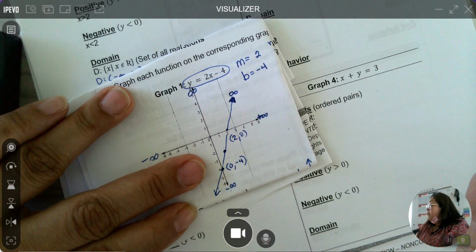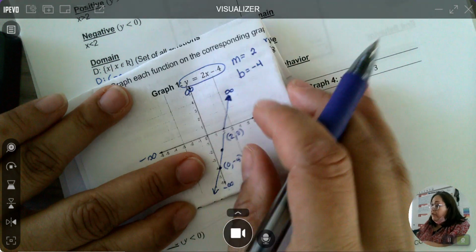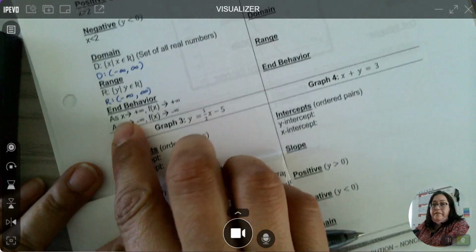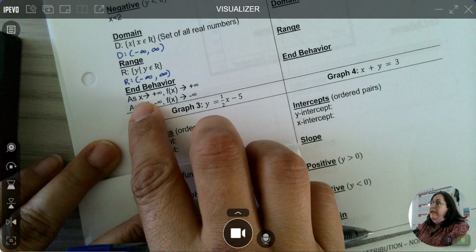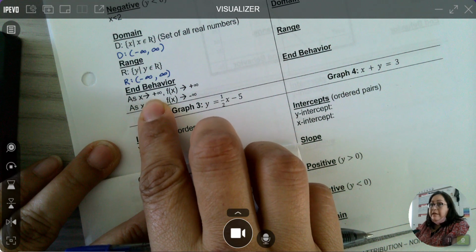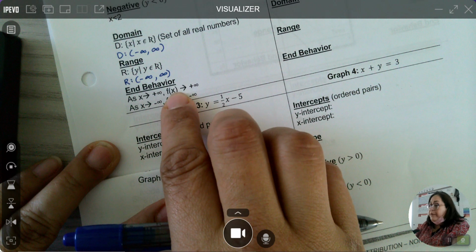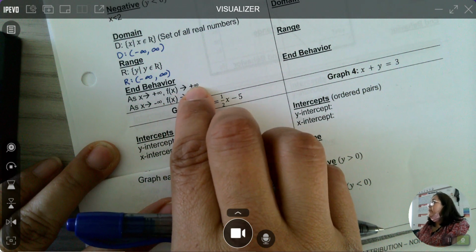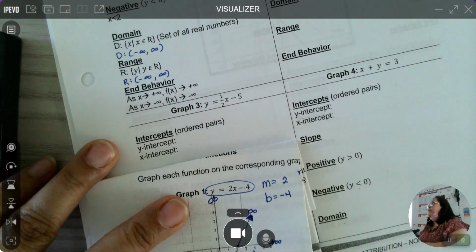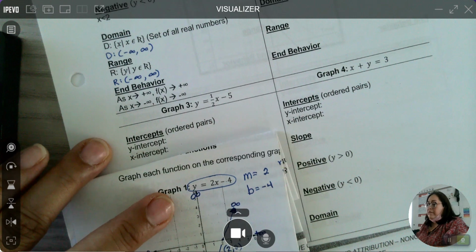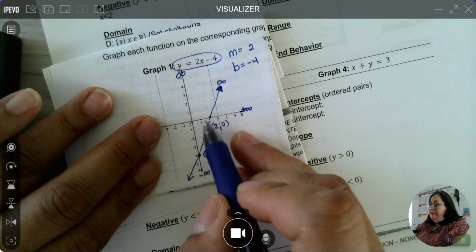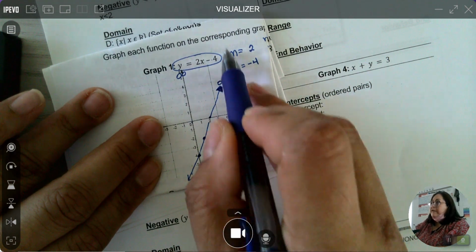That's end behavior. How do they write that? They write it right here. As x approaches infinity, the function f of x is approaching positive infinity. So as x becomes more positive, the y's become more positive.